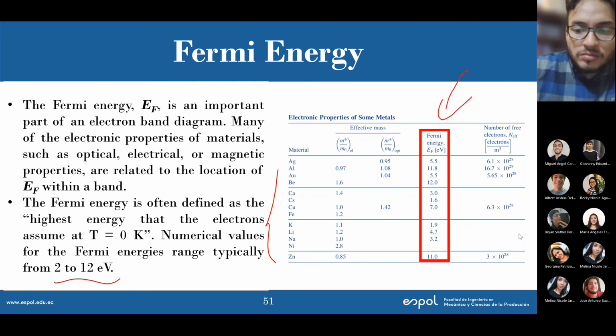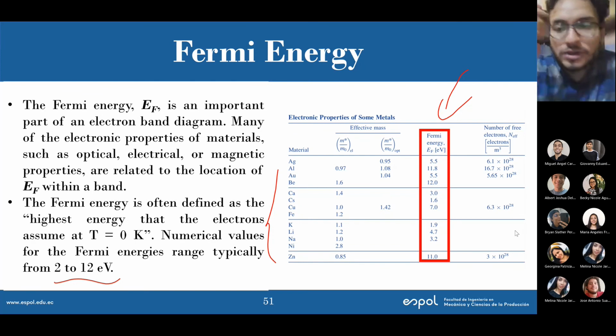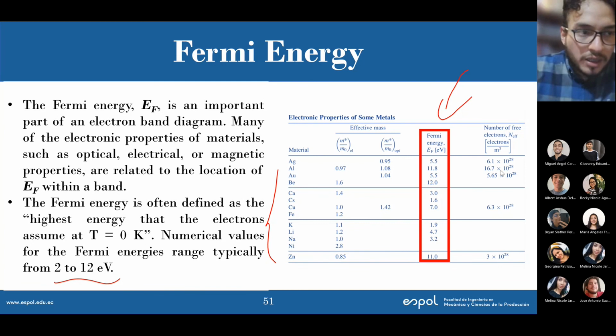Let's do an analogy here. Let's imagine that you're filling a cup with water. The more water you put, you're going to keep filling the cup. That would be sort of the Fermi energy, if you want to talk about this concept of the highest energy.